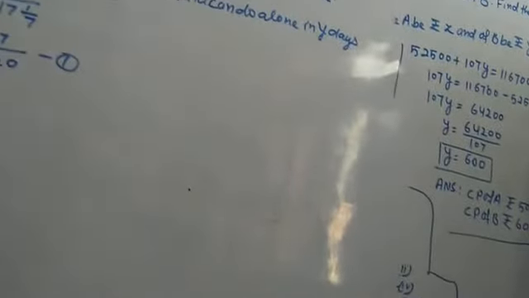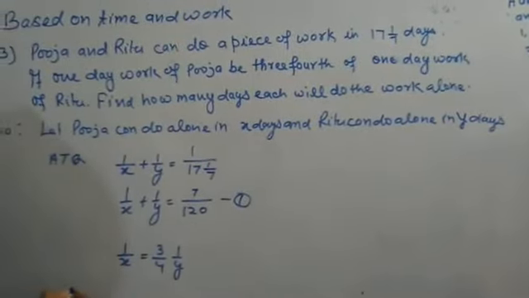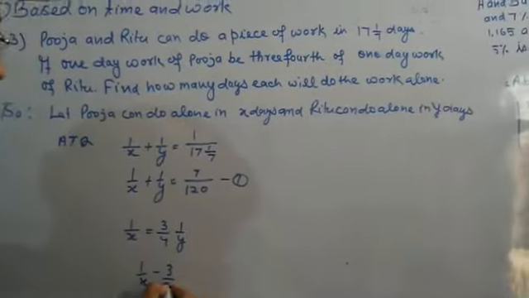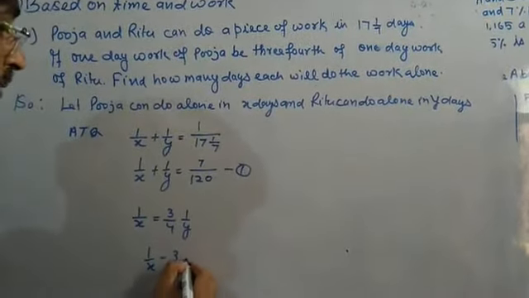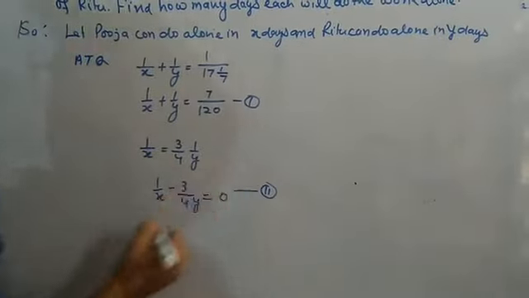And step 2, 1/x equal to 3/4 of 1/y, or 1/x minus 3/4 y equal to 0. Equation 2.